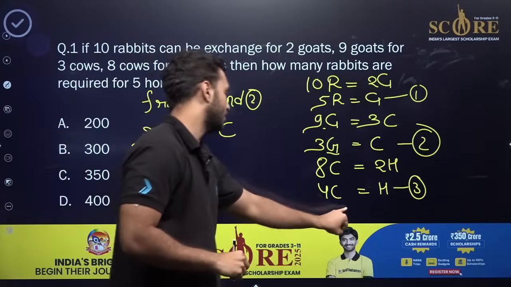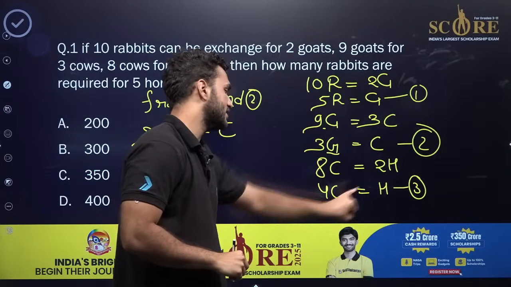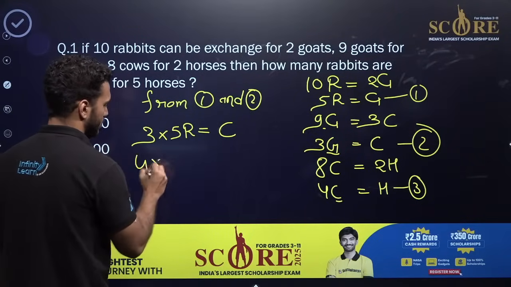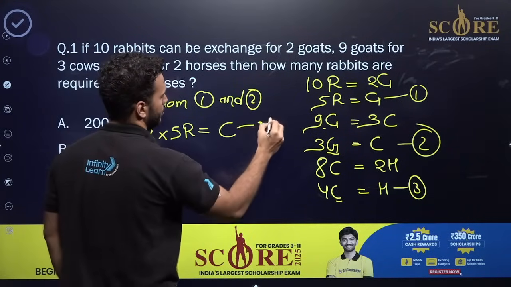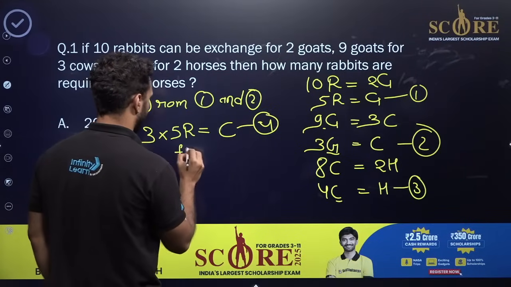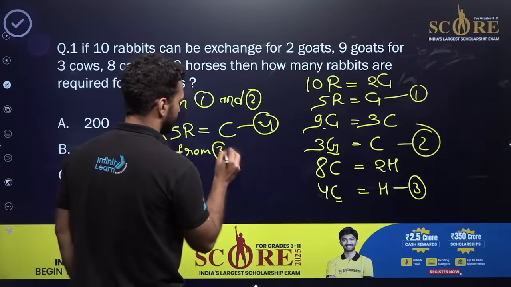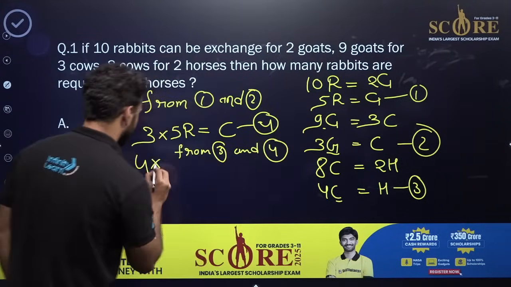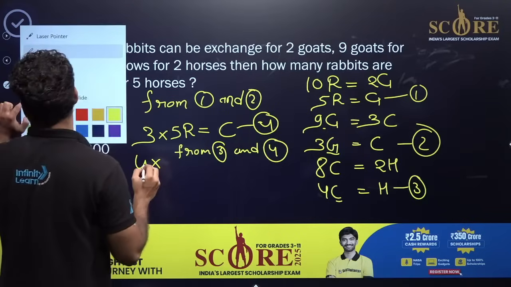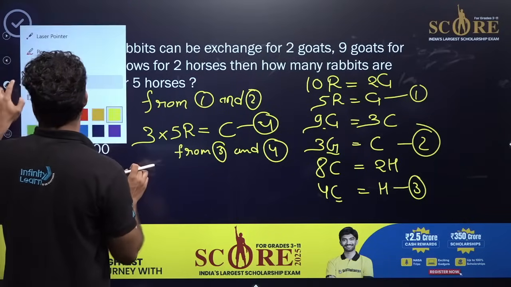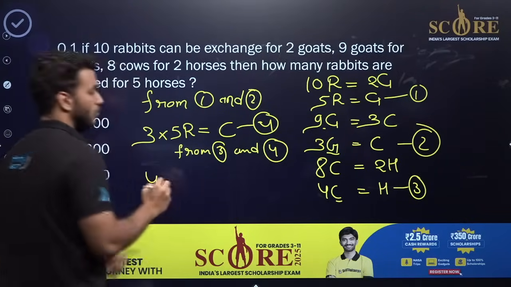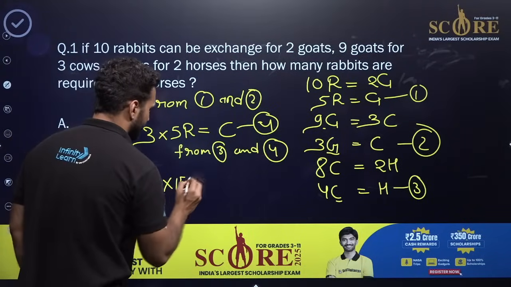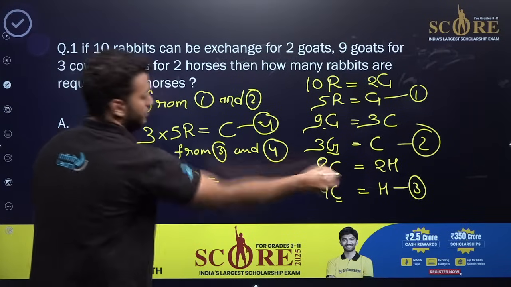Now here we have 4C is equal to H, let's say this is equation 4. Now from 3 and 4, can I say 4 into 1 cow? 1 cow is equivalent to 15 rabbits, so that is equal to 1 horse.